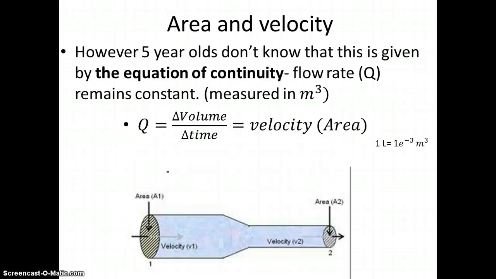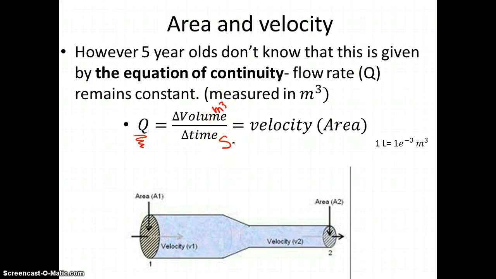And so what we talk about when we talk about fluids is flow rate, which we're going to represent by the variable Q. And then there's this equation of continuity. The equation of continuity says that the flow rate is equal to the volume of water that is passing through per time. We usually talk about this in terms of cubic meters per second.